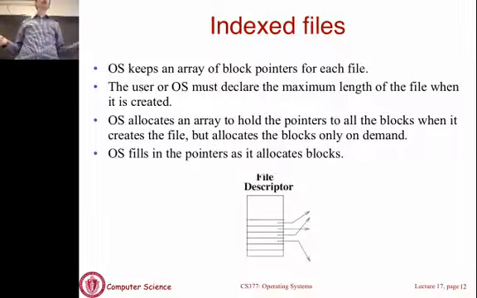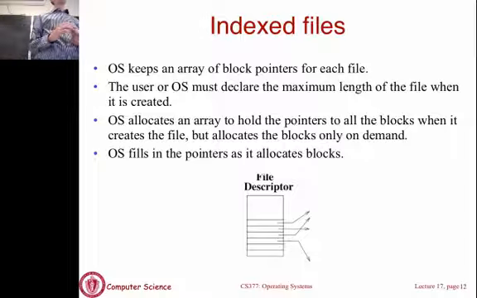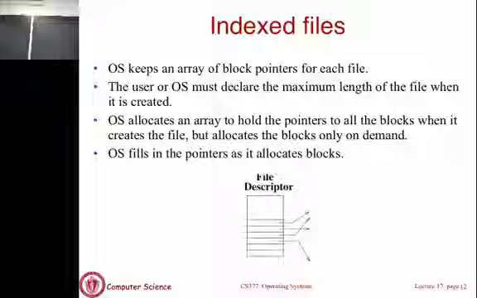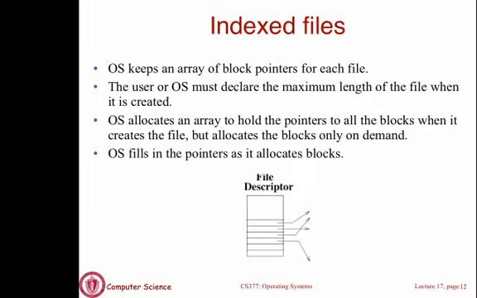Now, how about random access? Wouldn't it have to be more because you have to go back to the file descriptor? Yeah, so these data structures are actually stored on disk as well, because all of this stuff is supposed to be persistent. If your computer crashes, even if your data is all still sitting on the disk, if you have no idea how it's laid out, it's essentially useless.